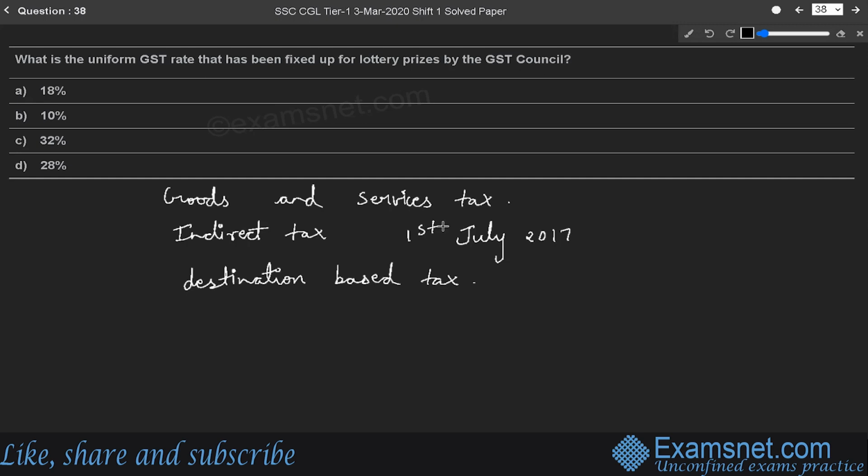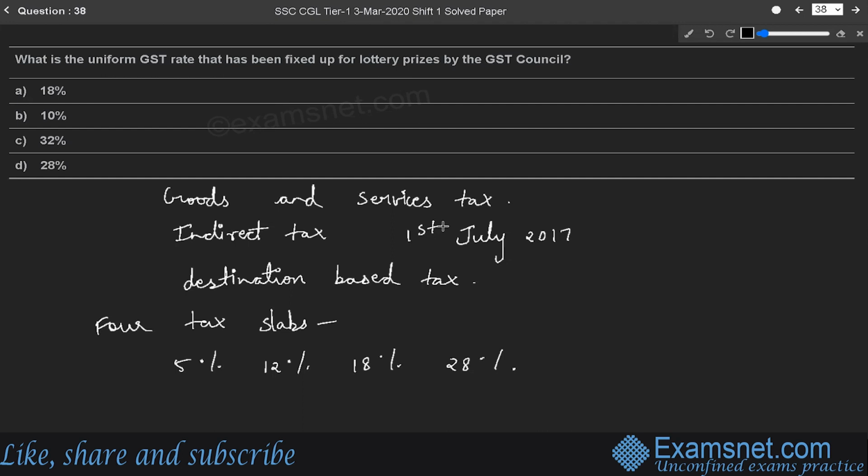And there are main four tax slabs under GST. So the four tax slabs are 5%, 12%, 18%, and 28%. Some basic goods and services are also exempted from GST.